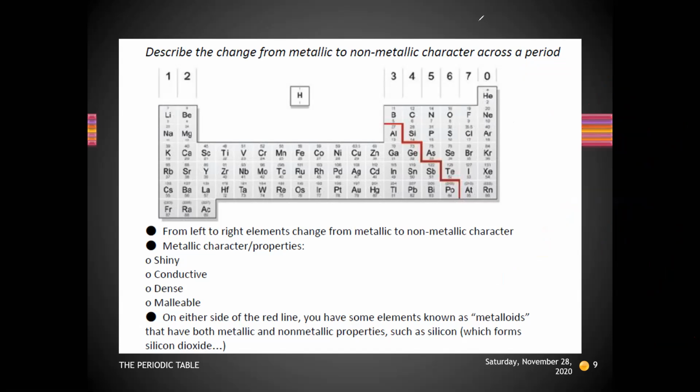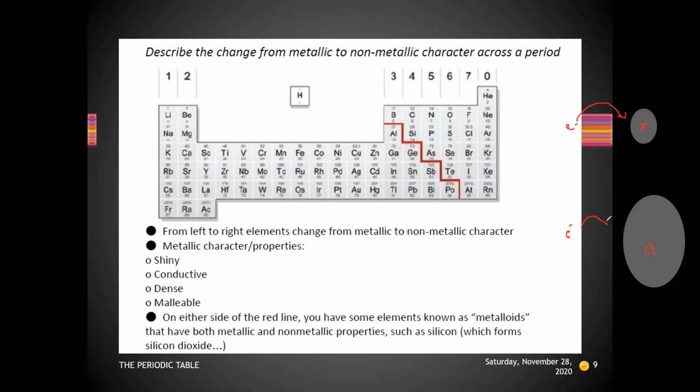So when we compare the size, this is fluorine, then we have chlorine. These are non-metals, so they tend to gain electrons. As you can see, fluorine is smaller in size, so it can gain electrons easily compared to chlorine. Further, as we go down the group, the size is increasing.